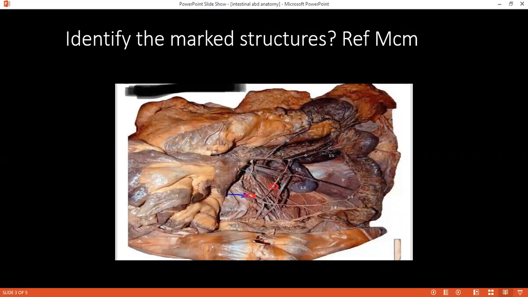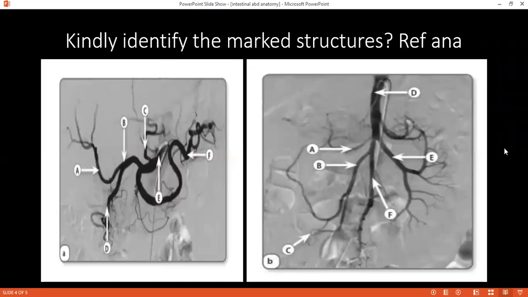If you can identify this image, both A and B, and the labeled structures as well. Image A is the angiogram of the celiac trunk from the abdominal aorta. Can you identify the marked structures A to F, please?